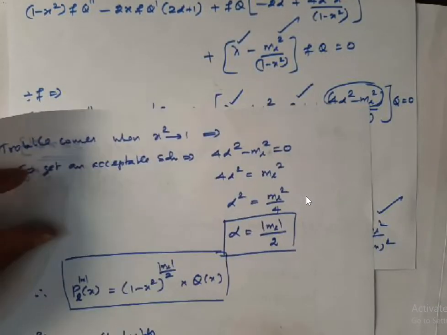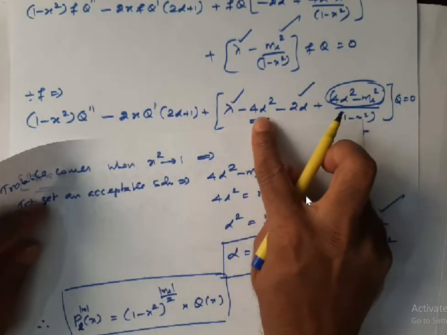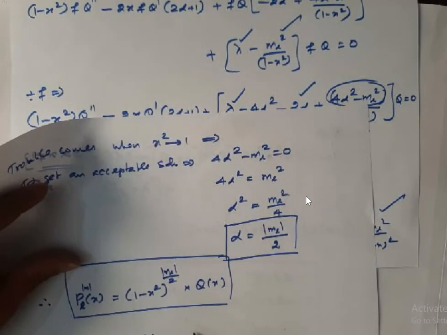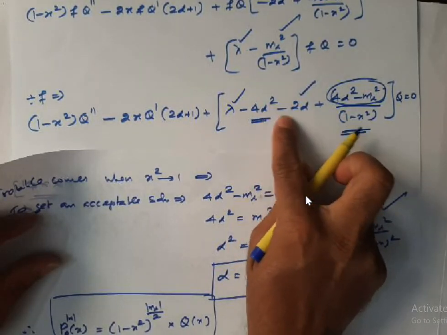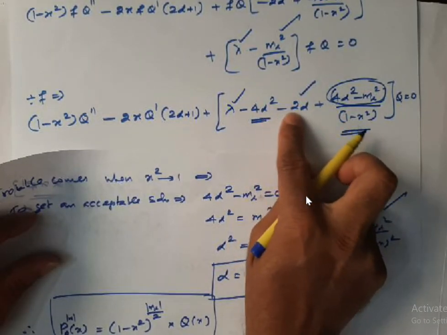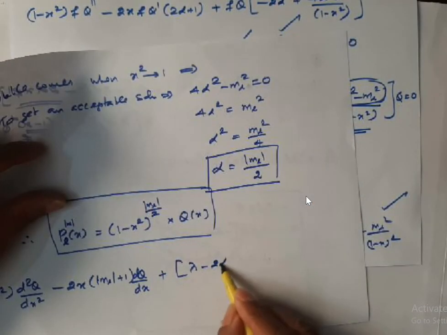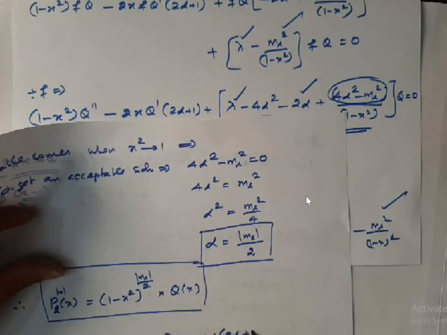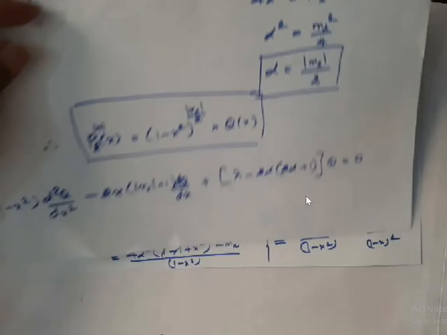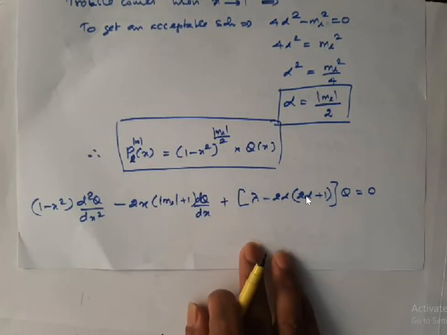Then plus, this term becomes 0, so I have lambda minus 2 alpha common. I'm taking minus 2 alpha as common, so this becomes 2 alpha and this becomes plus 1, into q equal to 0. So this is the function reduced like this.